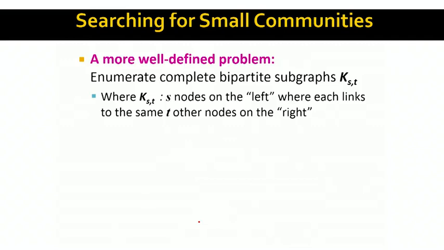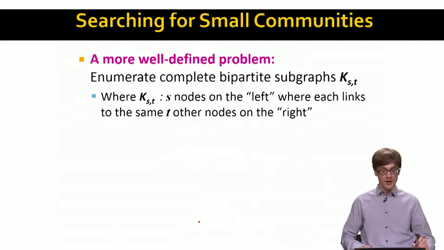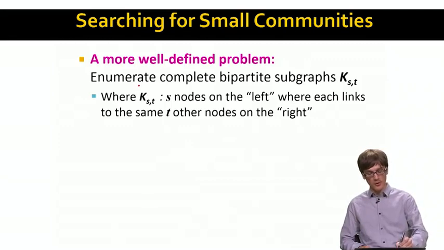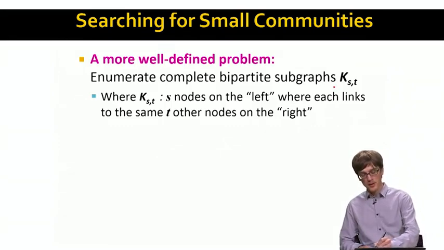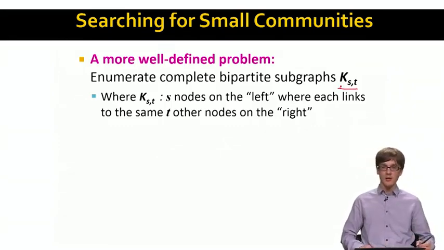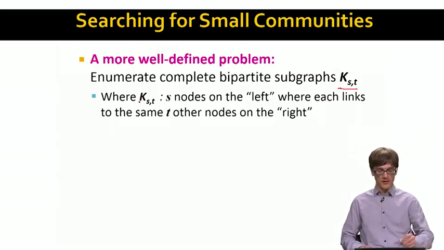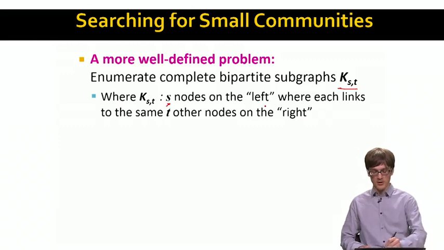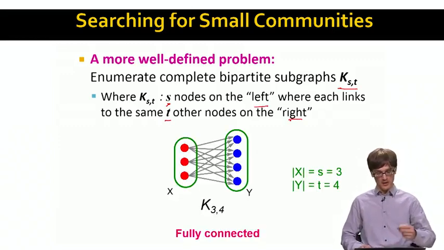How do we formalize this problem a bit more clearly? The idea is the following. We want to enumerate complete bipartite subgraphs K_{S,T}. I want to find graphs where I have S nodes on the left and T nodes on the right. To give you an example, here it is.